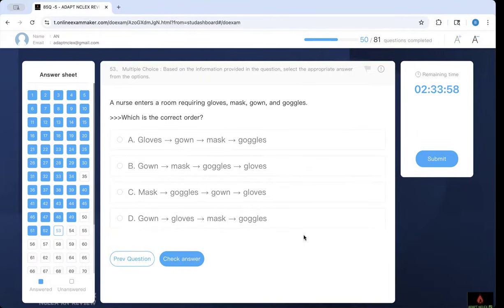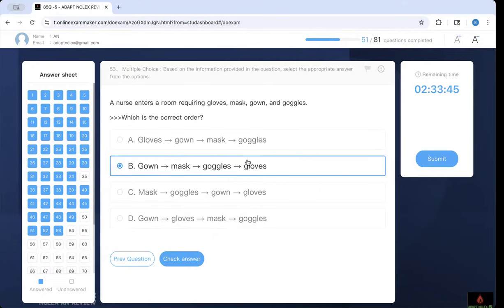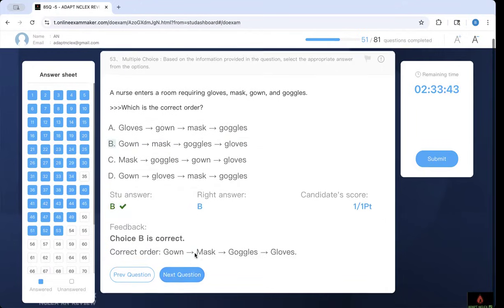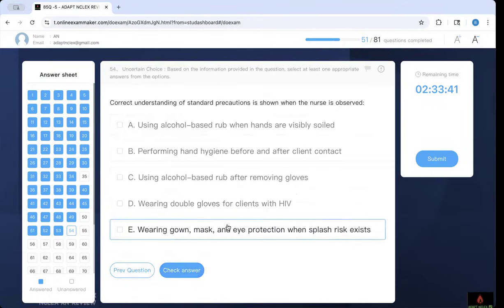Then you may put on your glasses or something like that. Then you take your keys. Therefore, I need to wear my gown, wear my mask, then put my goggles on, and then take my keys. That's your gloves. That's the way you think about it. And the opposite is when you get home.